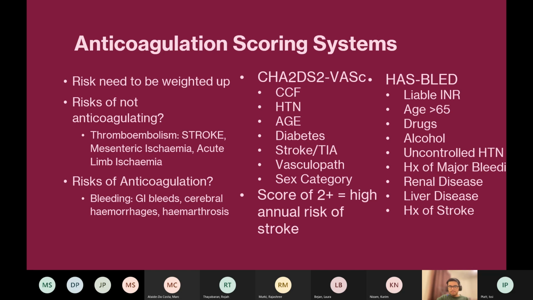Okay, so very quickly, the CHA2DS2-VASc score for not anticoagulating. CHA2DS2-VASc score is the risk of someone having a stroke if they are not anticoagulated. So someone with AF, if they aren't given anticoagulation, what is their annual risk of having a stroke? And the HAS-BLED score is the risk of someone receiving anticoagulation having a bleed, or the risk of giving someone anticoagulation, basically.